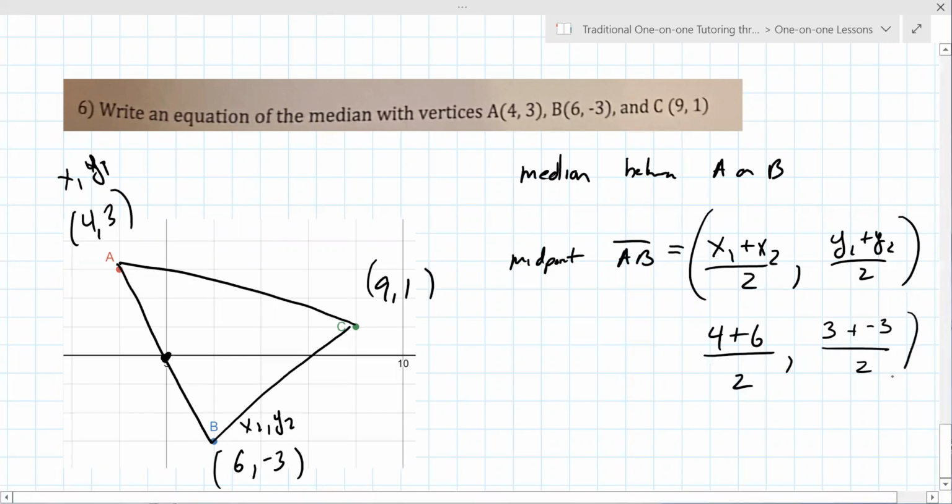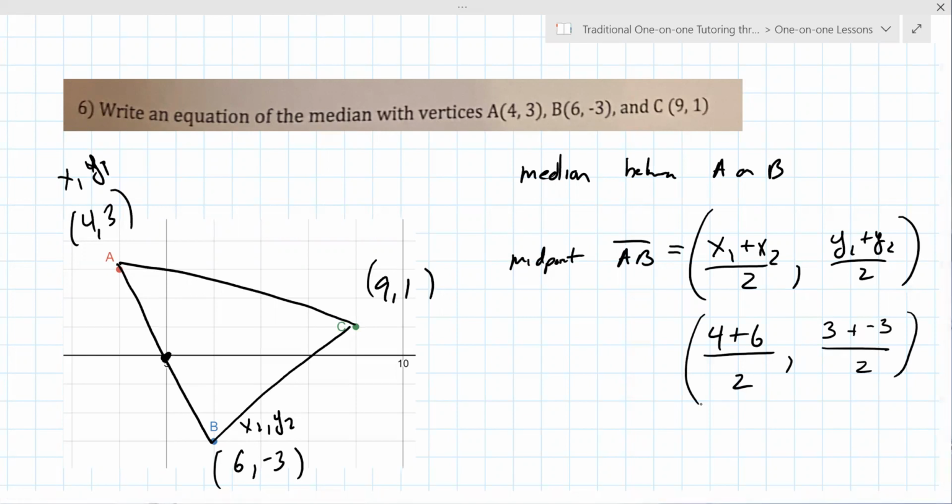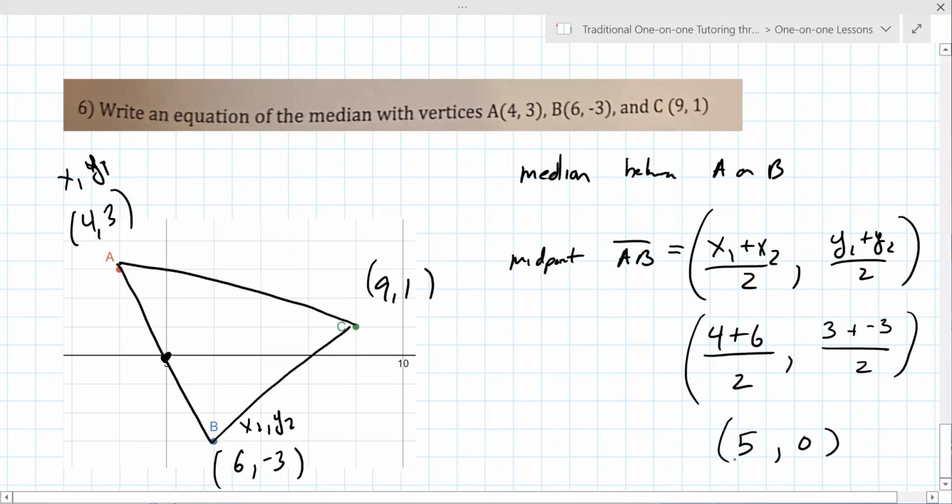Plus -3. 0 divided by 2. It's 0. So 5, 0. Good. So that's the midpoint here. It's right there at 5, 0.